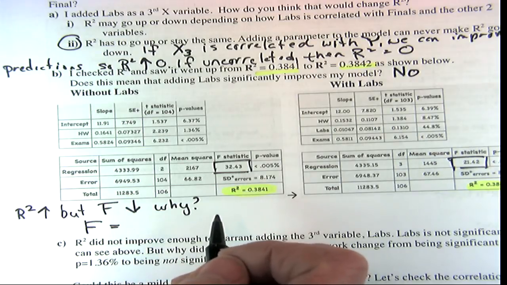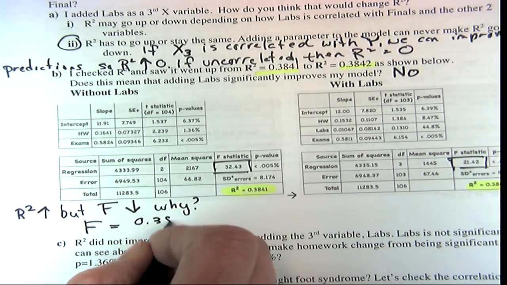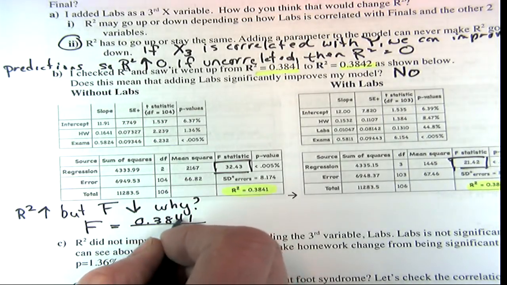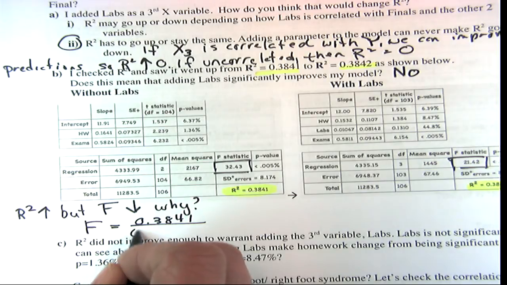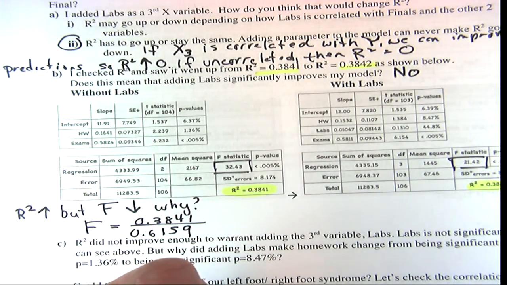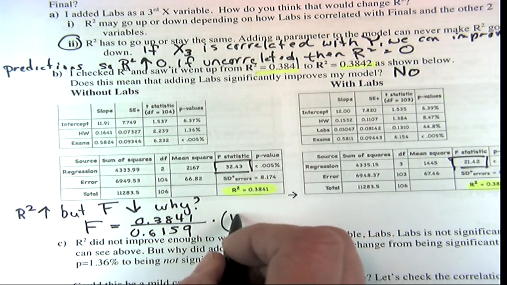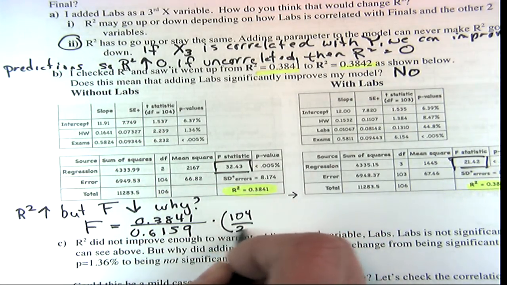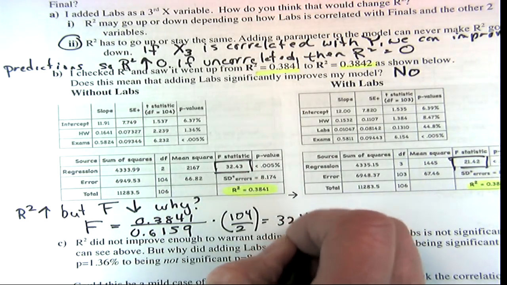F is equal to R squared, 0.3841, over 1 minus R squared, so that's 0.6159. And then we have to multiply by the ratio of our degrees of freedom, 104 over 2. And this is where we get 32.43.